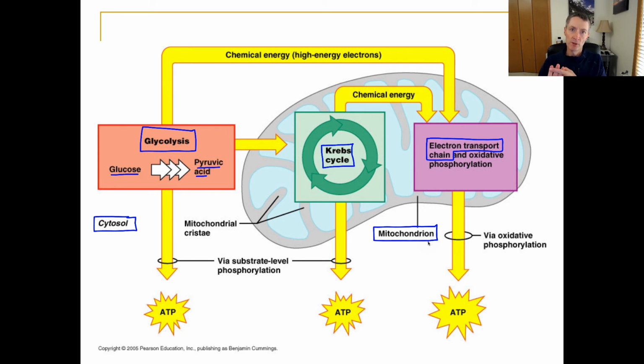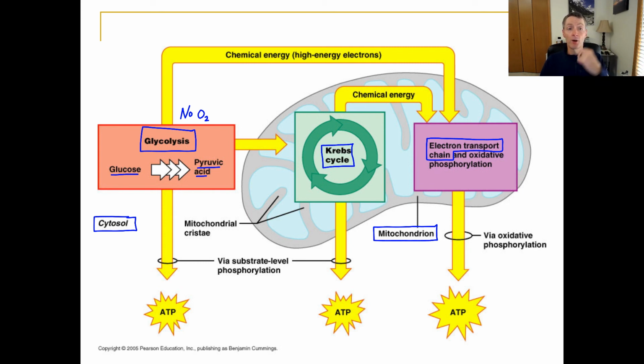The third set of information we need to know about these will be oxygen requirements. Do we need oxygen or not to make each of these stages run? The answer for glycolysis is no. No oxygen is necessary. That doesn't mean that oxygen is inhibitory or stops the process. Oxygen can be present and glycolysis will occur.